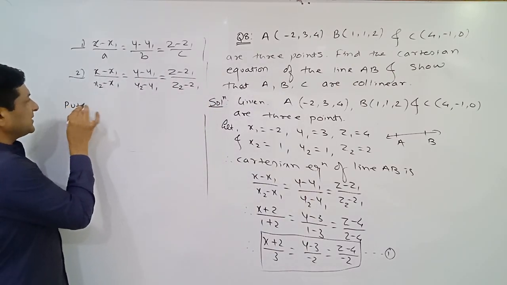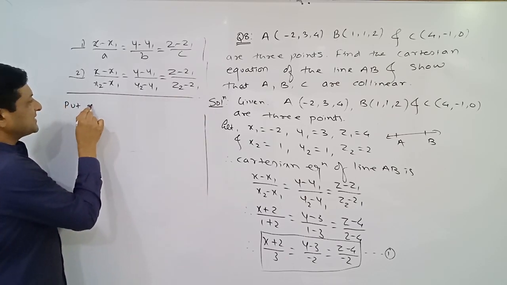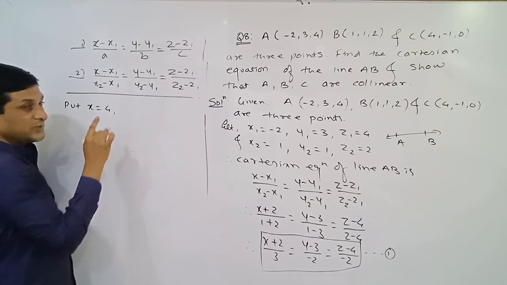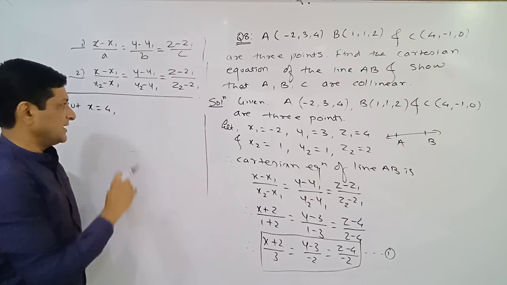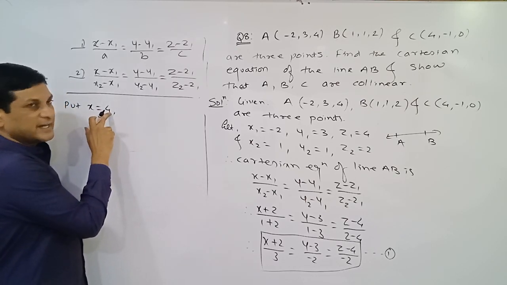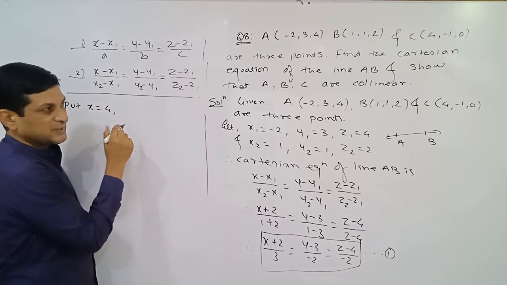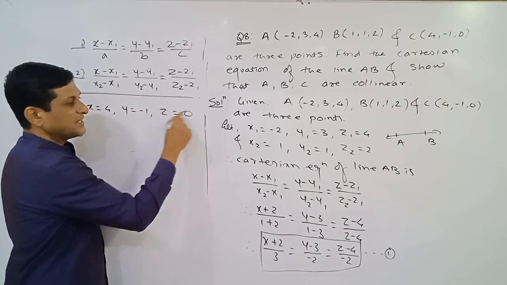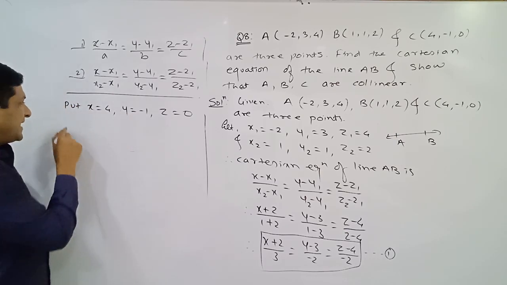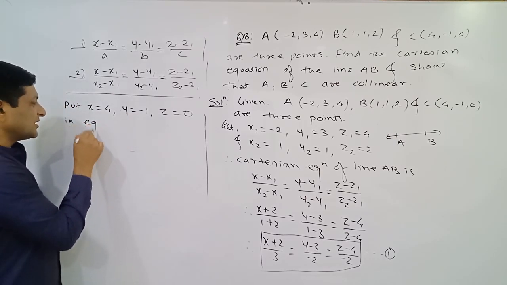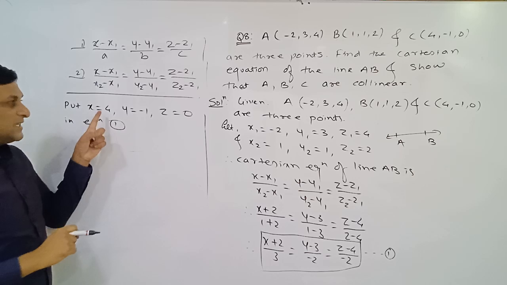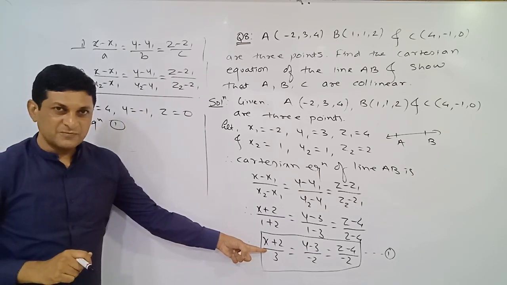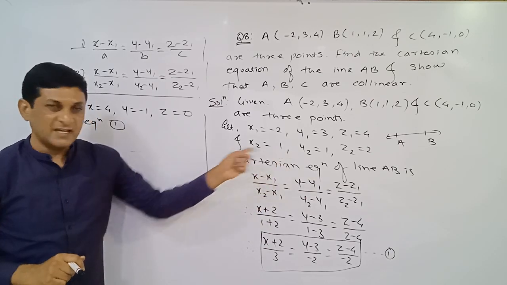Now we are substituting the coordinates of point C, putting x equal to 4, y equal to minus 1, and z equal to 0, in equation first, meaning the equation of line AB.